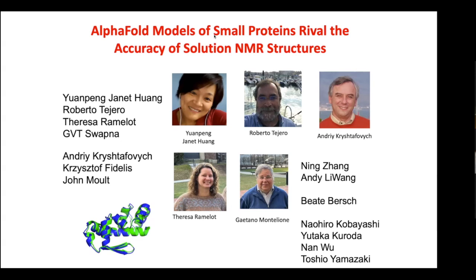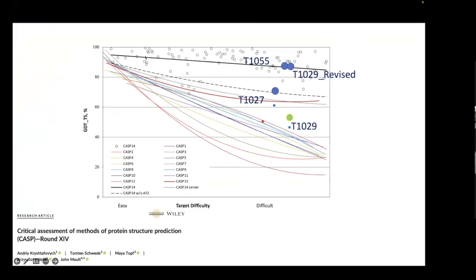This leads into the discussion about AlphaFold and NMR, and what AlphaFold means for NMR, or how we could take advantage of this new tool. This is actually from a summary of the history of CASP, starting with CASP 14 in 2020. These open circles are about 100 targets, for which structures were provided that were blind structures, which weren't available, and we're plotting GDT score versus the difficulty of the target.